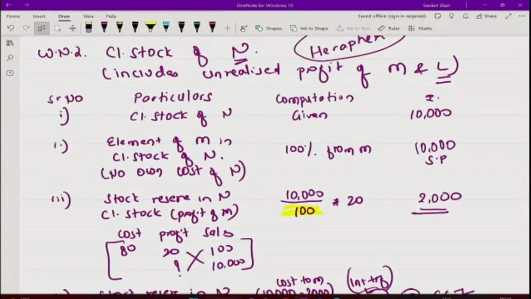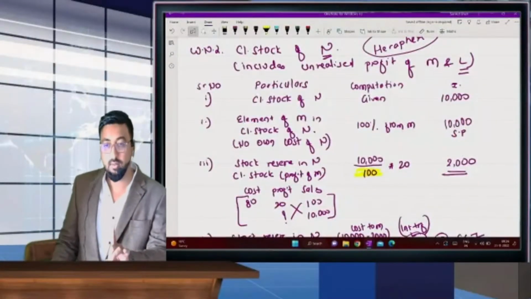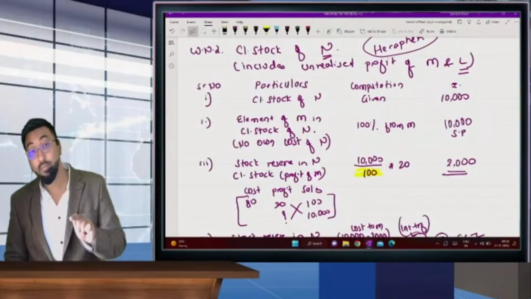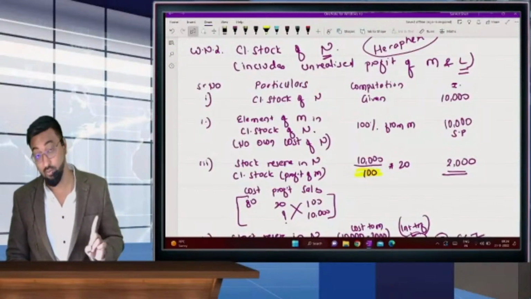Okay, Nikita is saying it's easy. Yes, beta, revision. See, without revision, you cannot work. First thing, and I'm telling you again and again, this chapter previously in the old course was in advanced accounts.